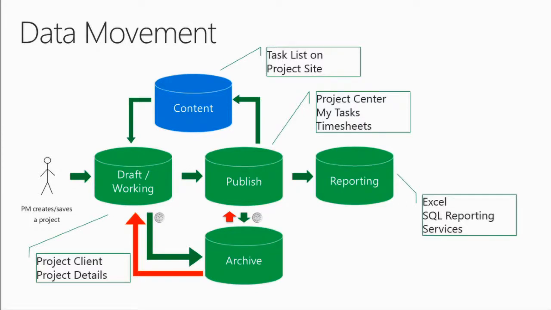But also, when you start the ideation, you create the project plan, and you start to work through the PDPs, there actually is a project plan that gets created in the draft store. And as you navigate between the PDP pages, we do something called a partial publish. It isn't a full publish of the plan, so we don't move the entire plan from the draft store to the working store. We actually take a very small subset of that data that you need for demand management and move it into the publish store.